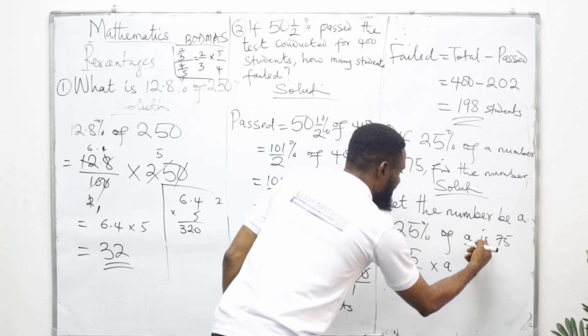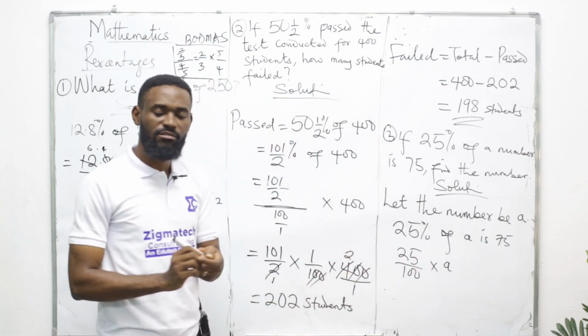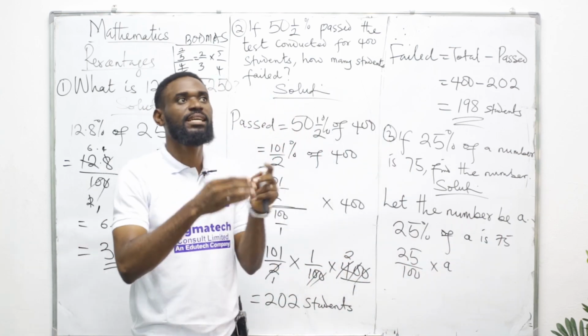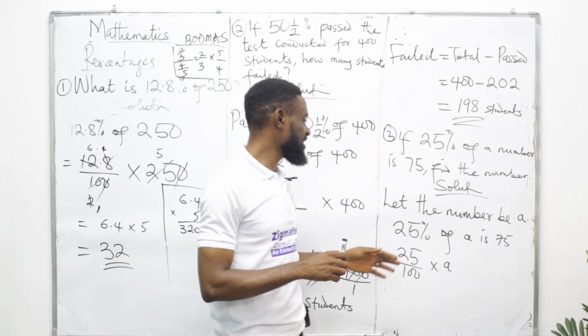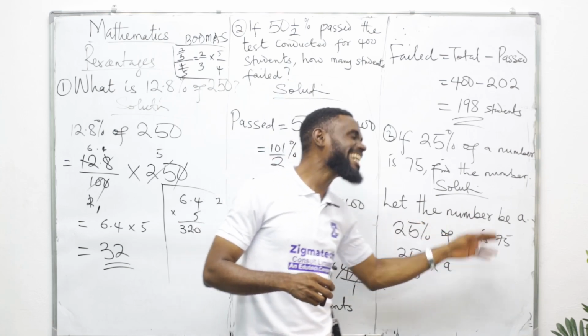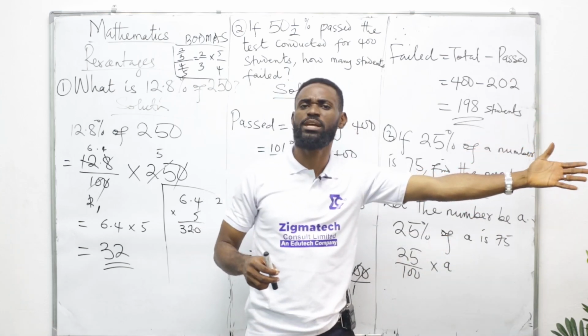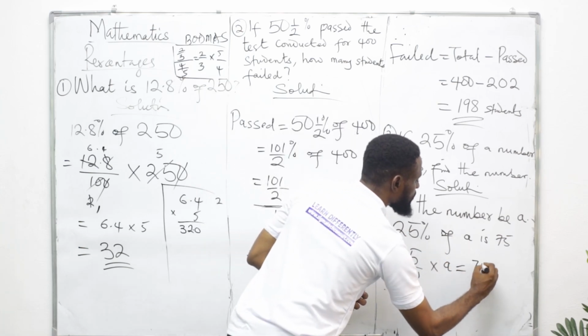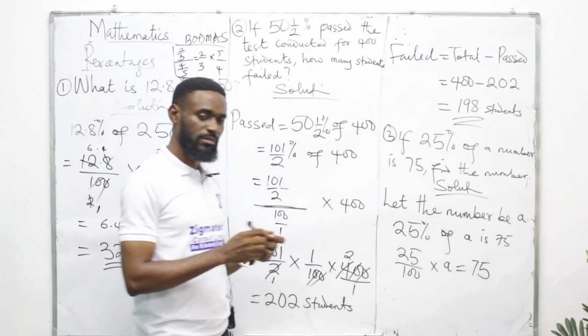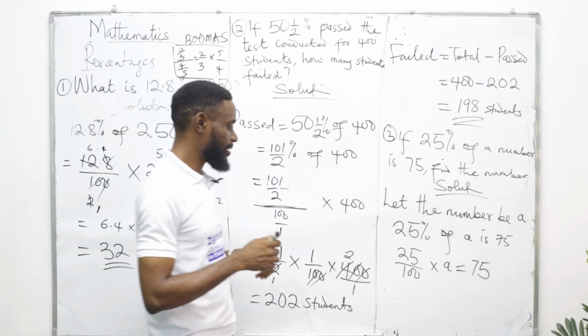In a word problem, when they say something is this, it means equal to. So this is 25% of A is equal to 75. That is what they mean there. Are you there? Okay.